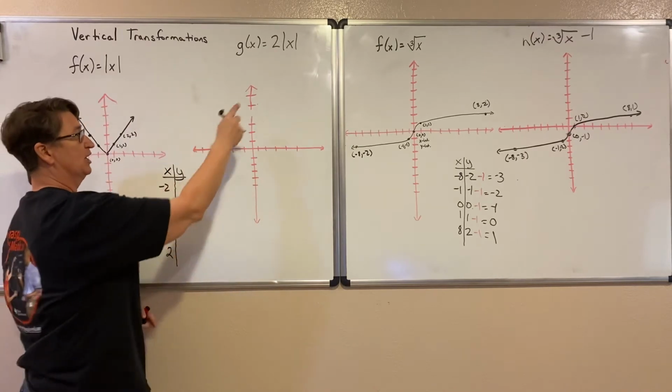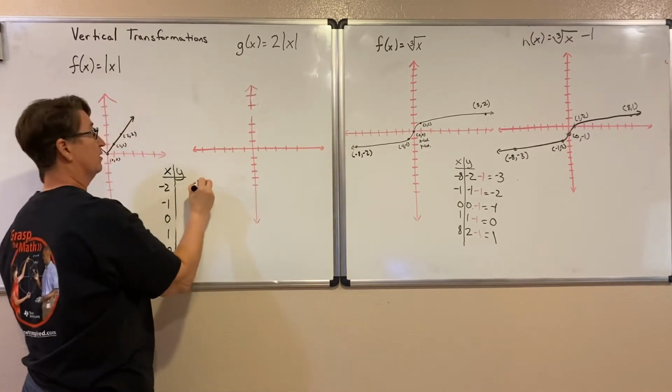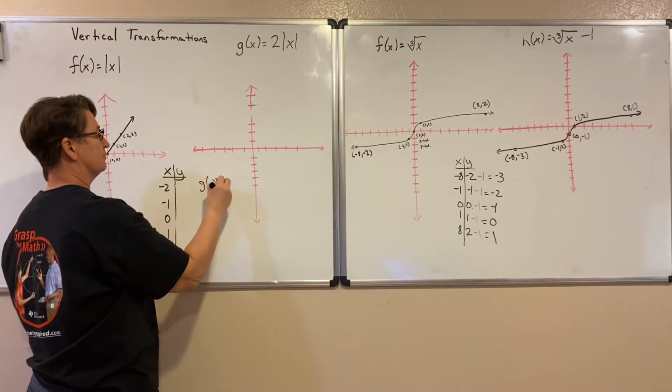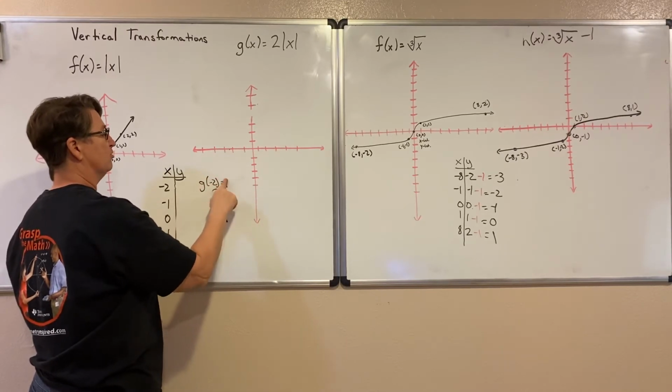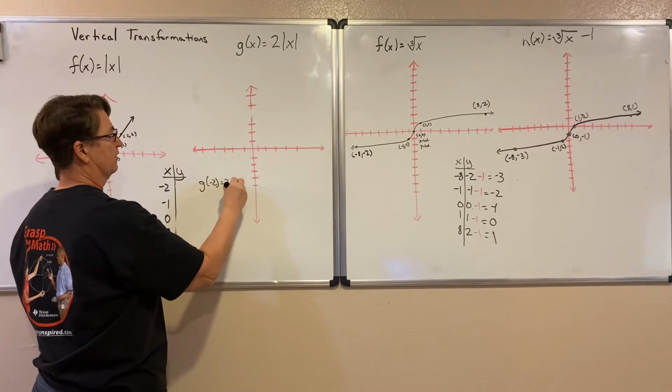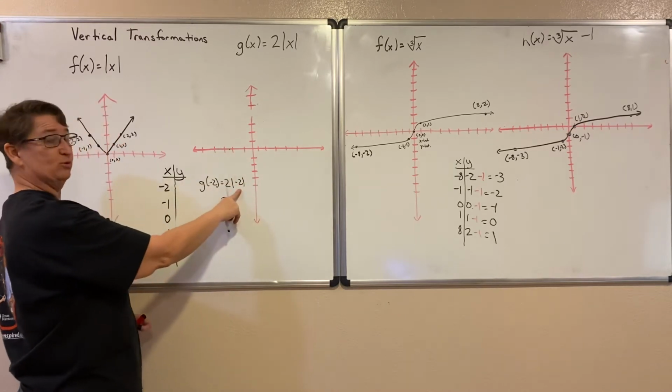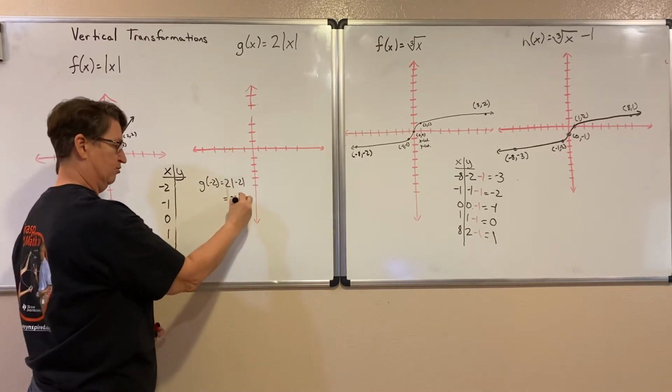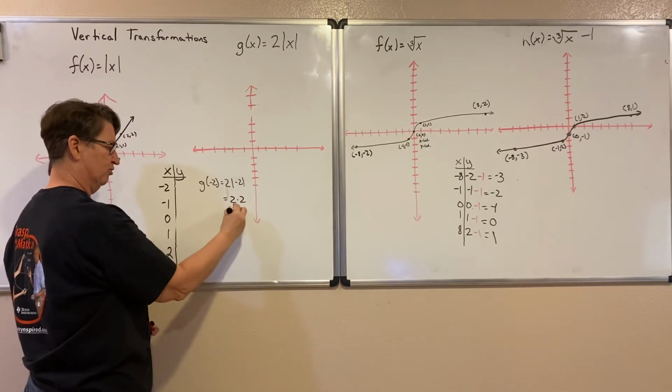So again, if I put in -2 into my function, well, the absolute value of -2 is still 2. So we have 2 times 2, which equals 4.